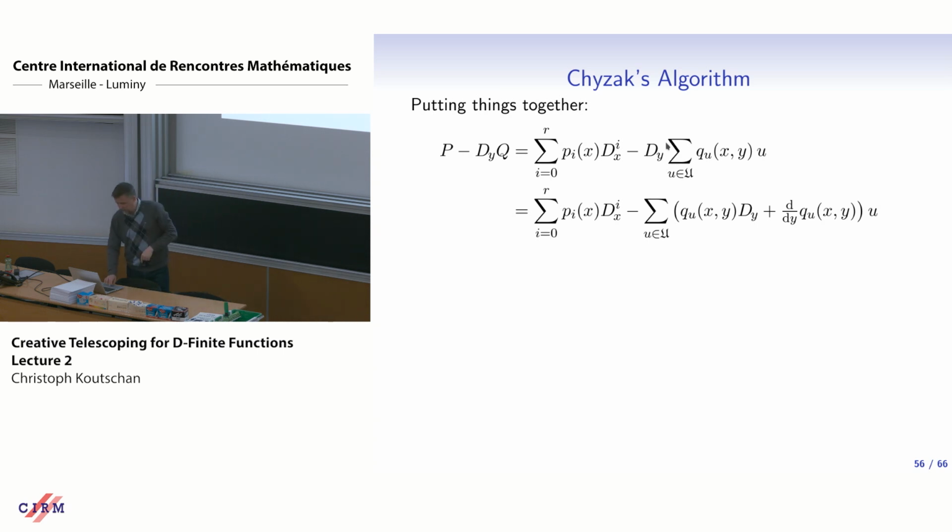We need to have it on the right. But if we want to move this to the other side, we have to respect the non-commutativity. And so we get here the q, but because of this non-commutative calculation, we also get the derivative with respect to y.